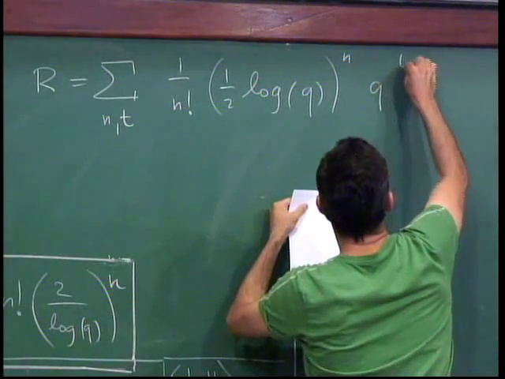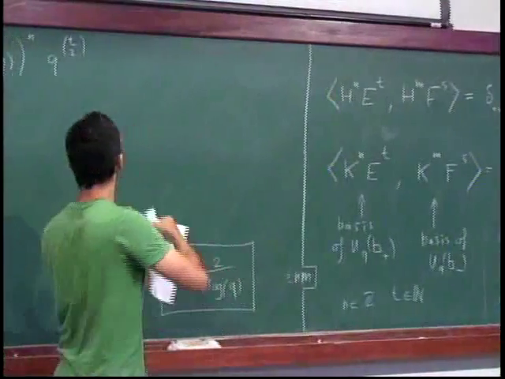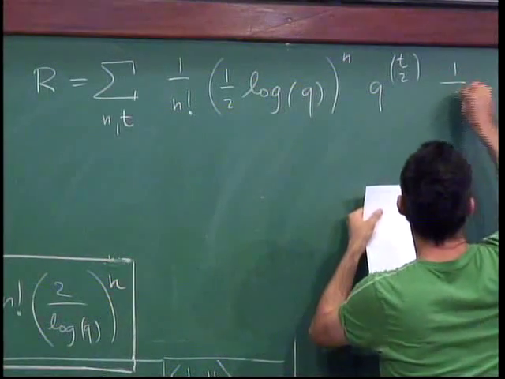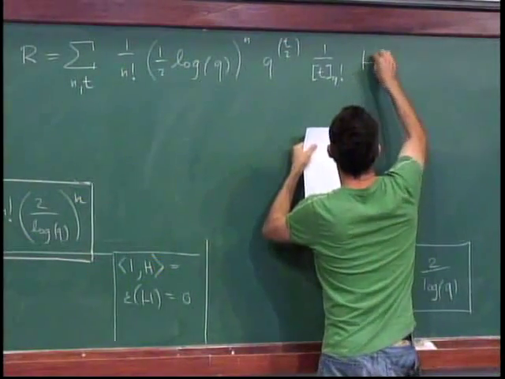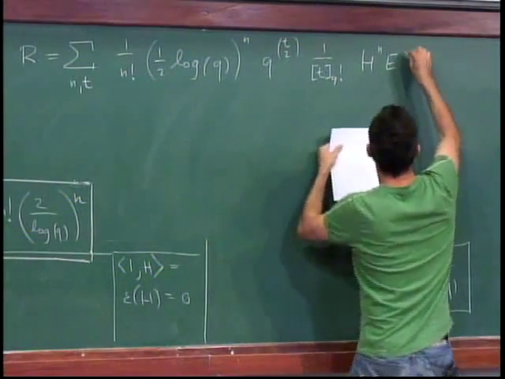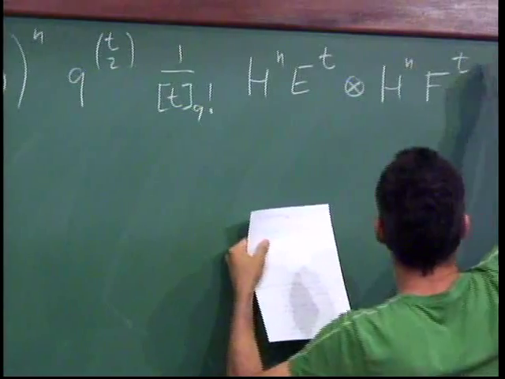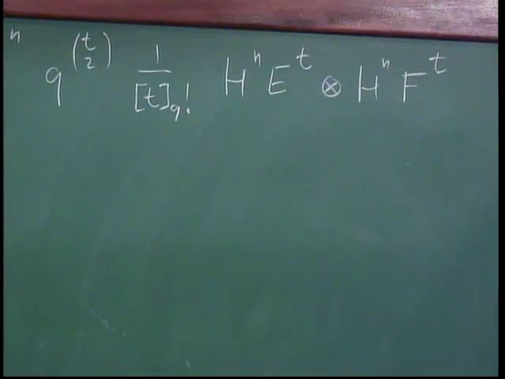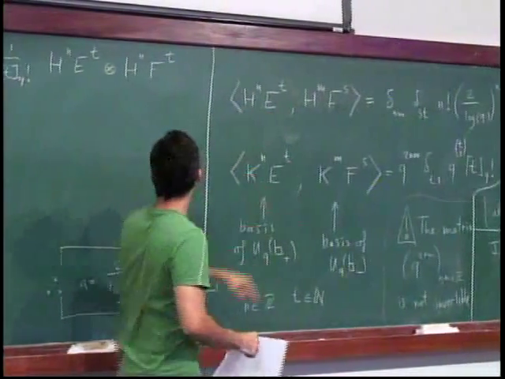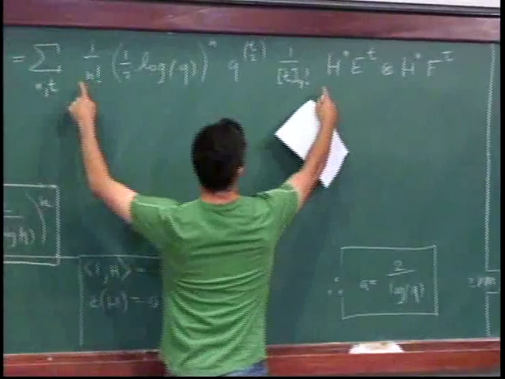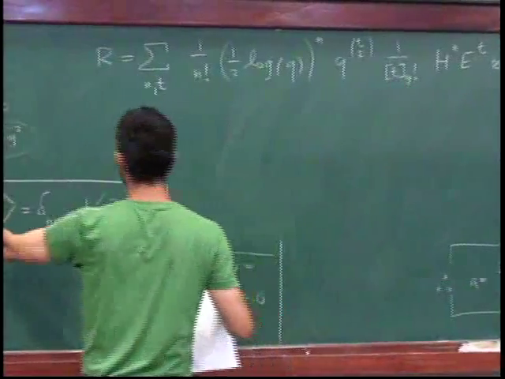So I'm inverting that matrix. If you notice, all the expressions that were in the numerator end up in the denominator here. And very good. So the dual basis to the basis of these h_n e^t is the basis of these, h_n f^t. So I just wrote down this thing.